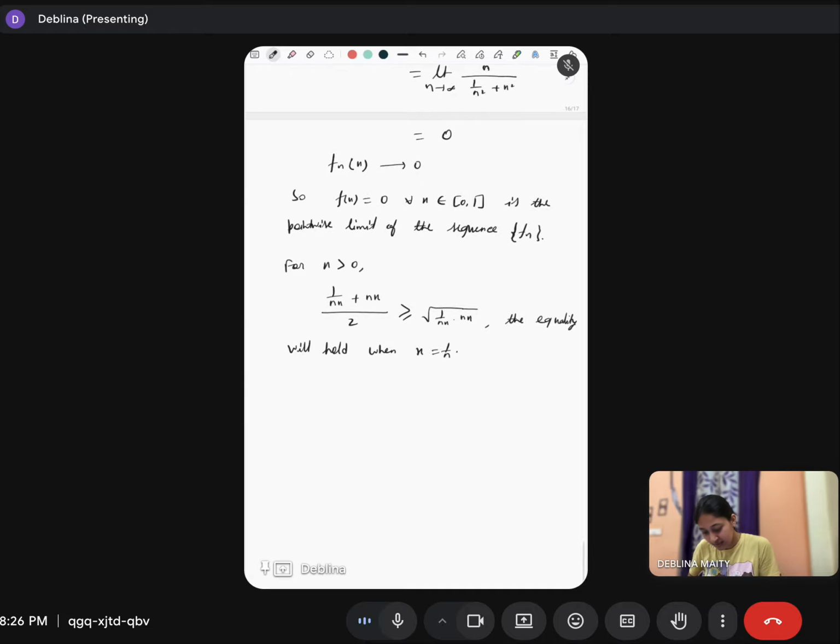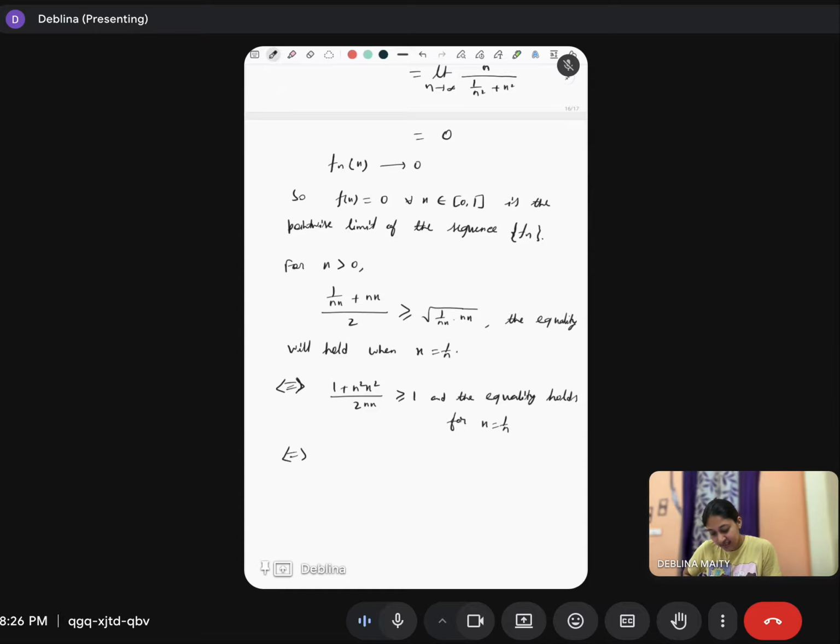Now this is same as saying that (1 plus n square x square) by 2nx is greater or equal to 1, and the equality holds for x equals to 1 by n.